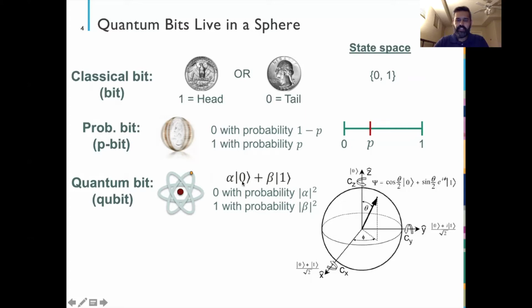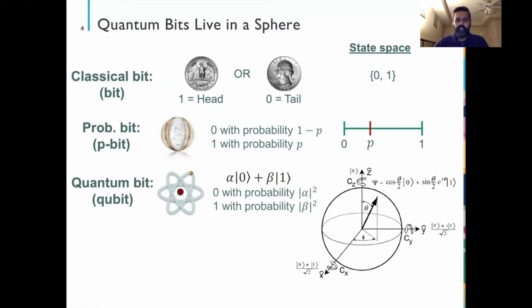So these are called kets, 0 ket and 1 ket. Think of them as basis vectors for 2-dimensional complex space. So the 0 ket might be the vector (1, 0), and the 1 ket might be (0, 1).